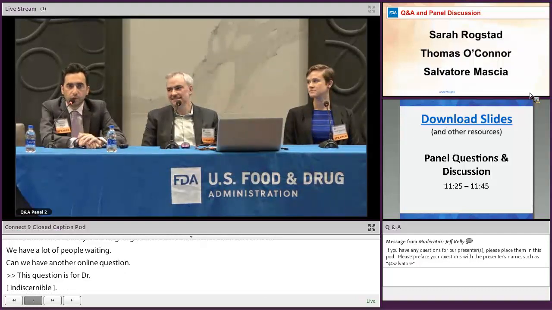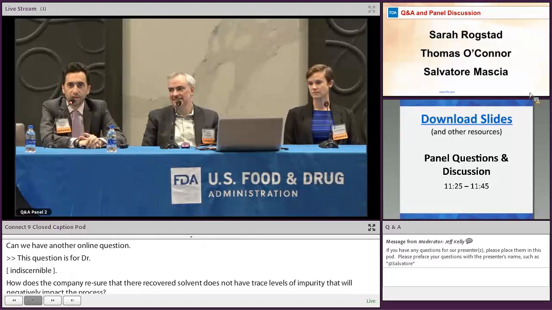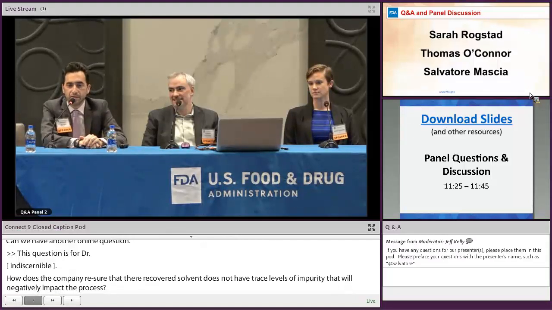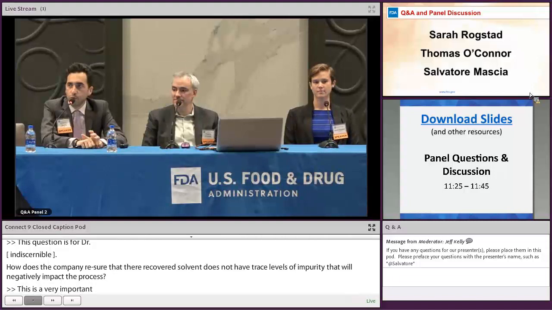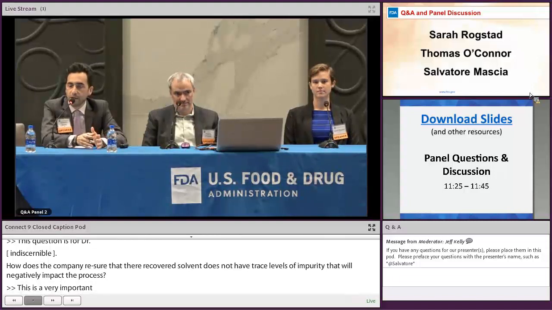Thanks. This is a very important question because we have actually seen issues with recovering solvent, bringing in impurity, actually altering the final quality of the product. So we actually have measurements. I haven't shown this because it wasn't time, but we do measurement on the solvent. These are two solvents. We first separate them.